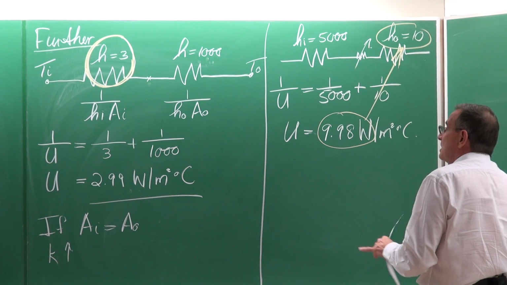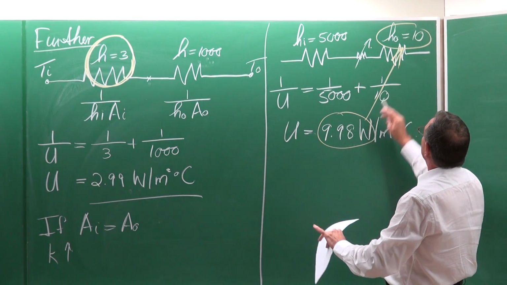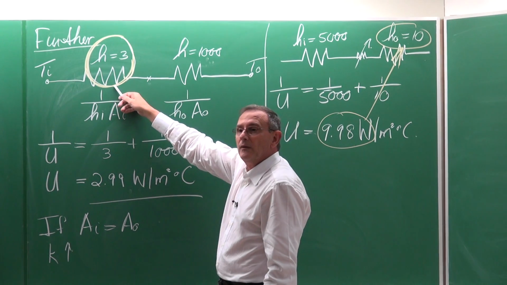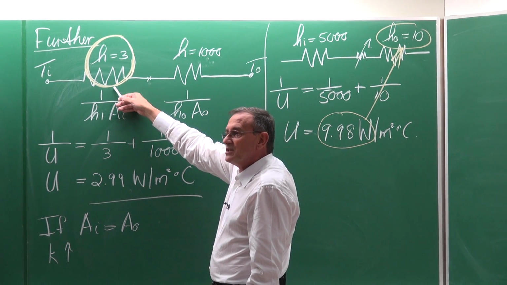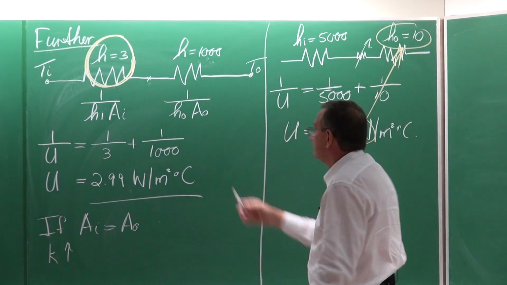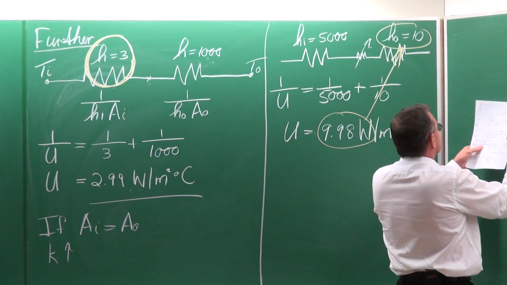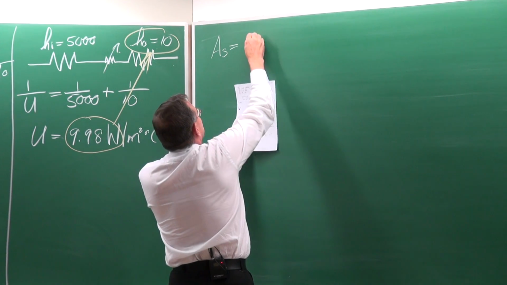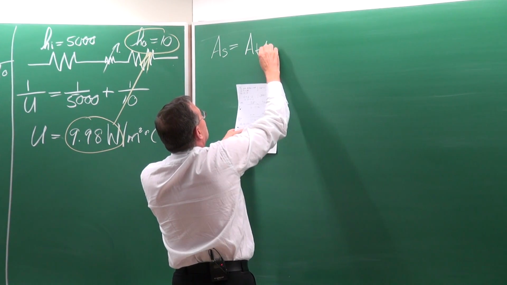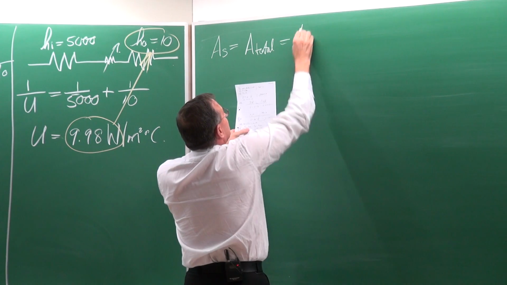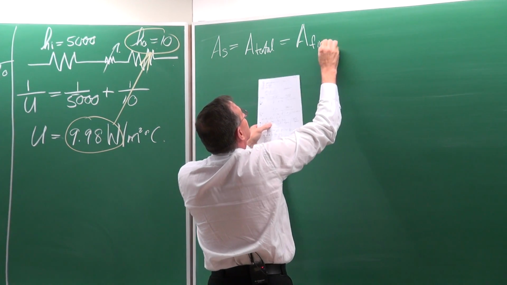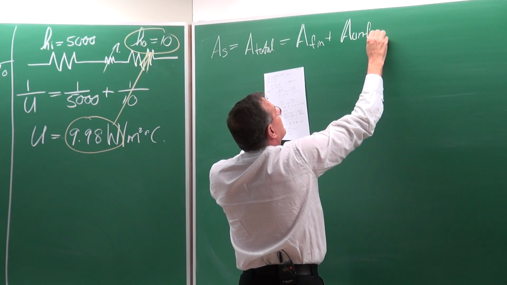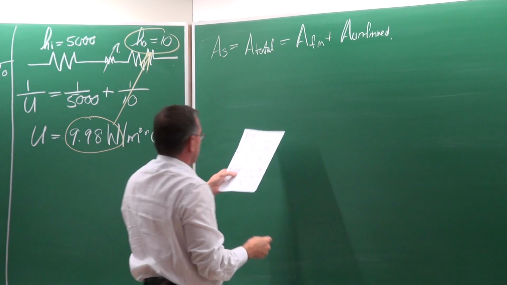Okay. Now typically these are the ideal cases. If you've got a case like this where the heat transfer coefficient is very low and you want to enhance the heat transfer, you put on fins. So if you're going to put on fins, then the total surface area is equal to the area of the fins plus the area of the unfinned area.